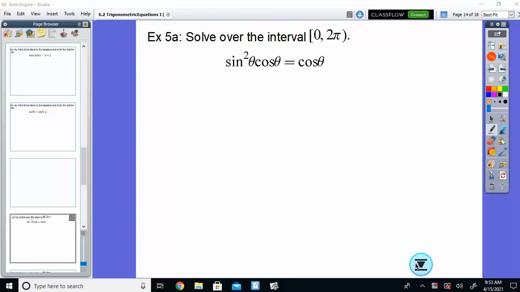If I look at this problem, can I just divide by cosine theta on each side? No, because I told you you could never divide by the variable. So what do we do instead? Subtract it over.